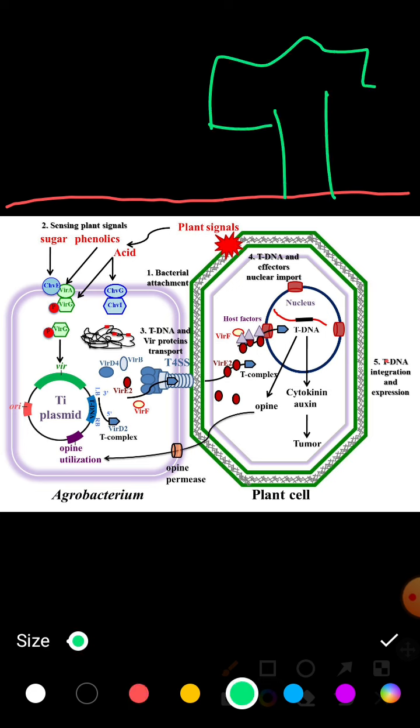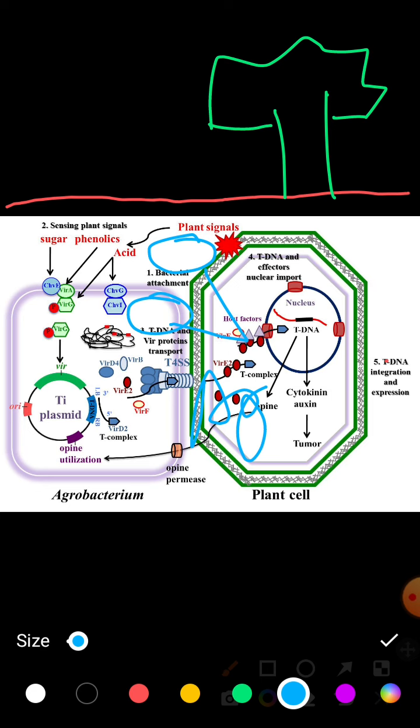So in this method, suppose it is a tree and inside the soil there are two kinds of bacteria, namely Agrobacterium tumefaciens and Agrobacterium rhizogenes, that are typically employed in introducing any kind of foreign gene inside the plant cell.